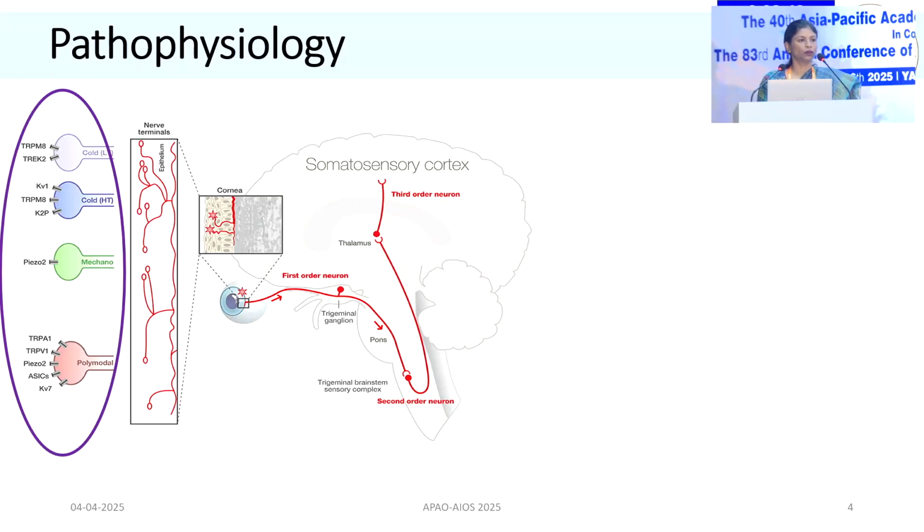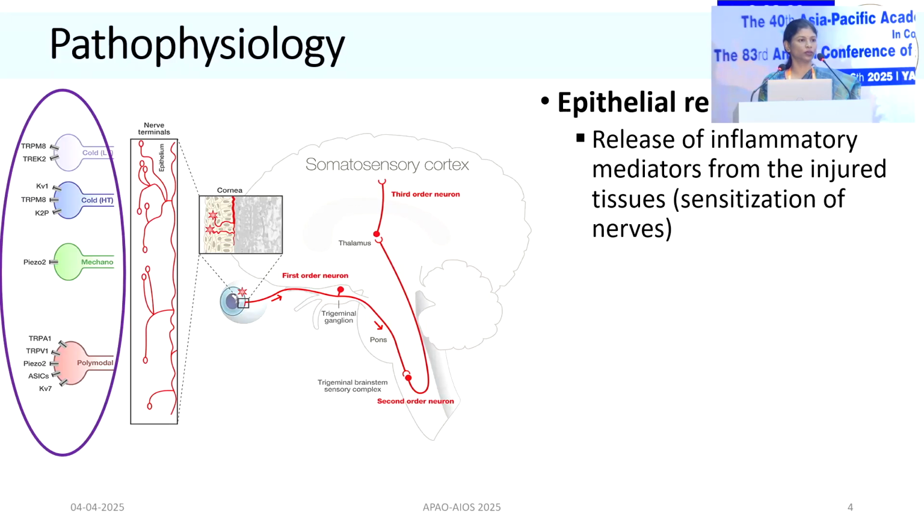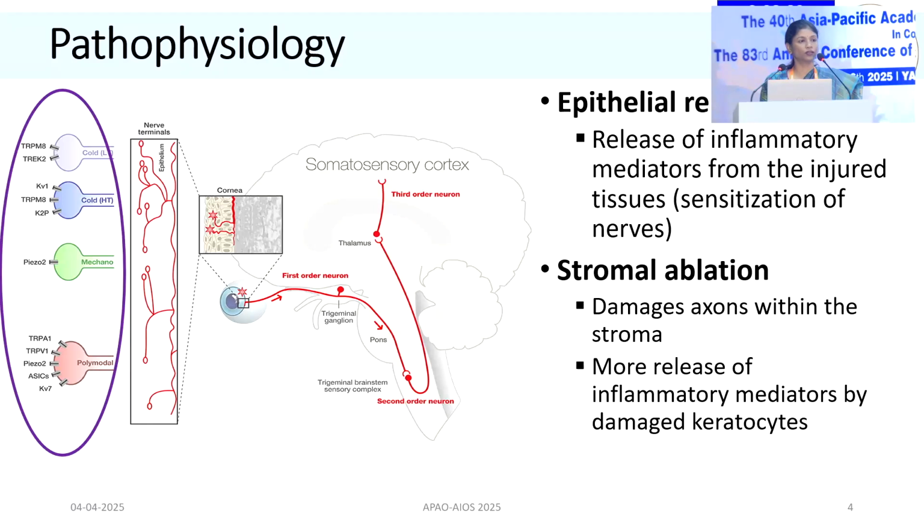So first of all, the pathophysiology of pain. When we remove the epithelium in the procedure, it triggers the release of inflammatory mediators that sensitize the corneal nerves. After laser ablation, when it ablates the stroma, it also affects the deeper axons and the keratocytes, which further amplifies the inflammation.